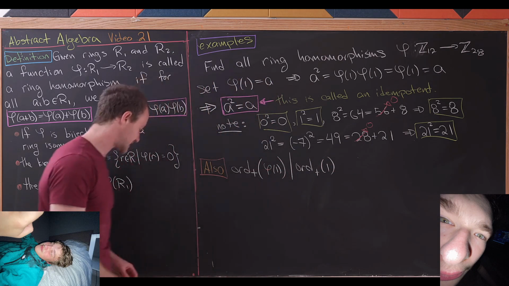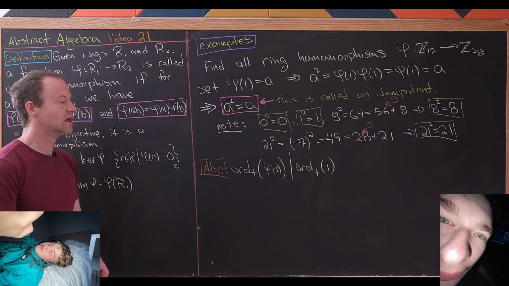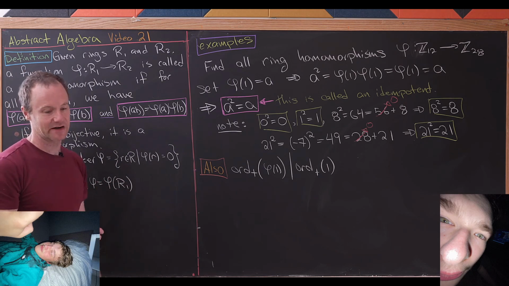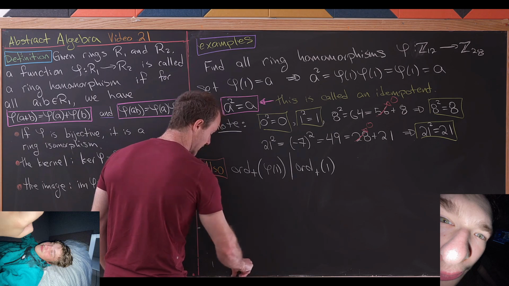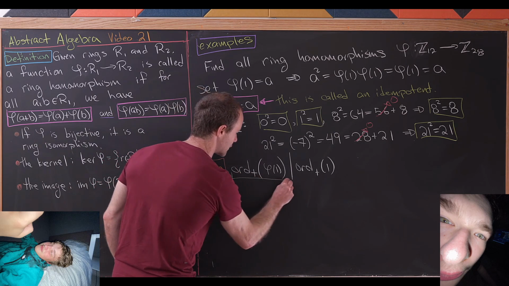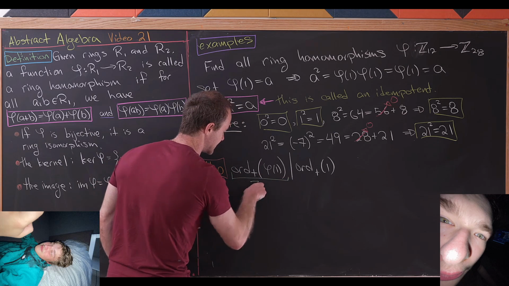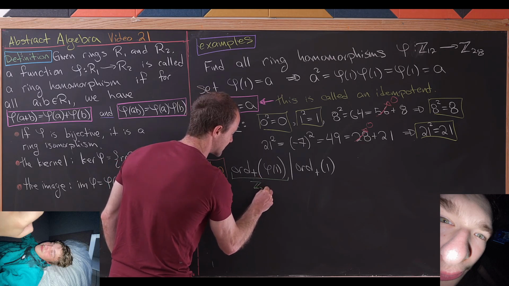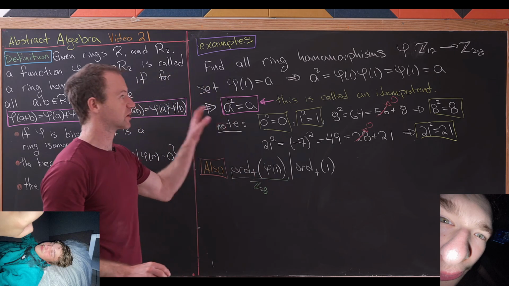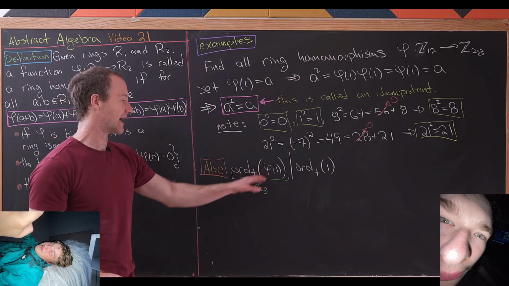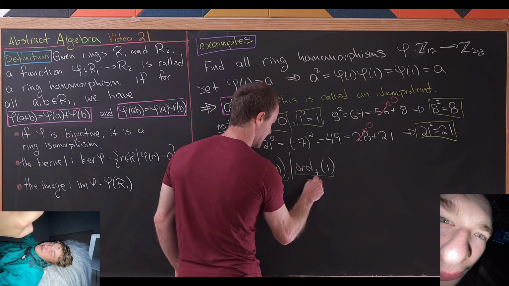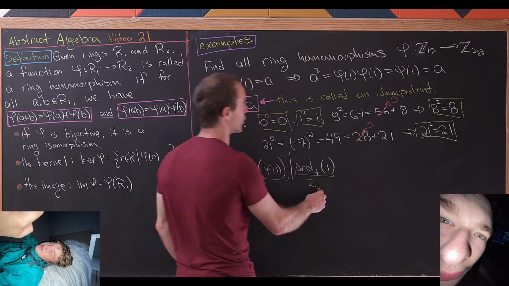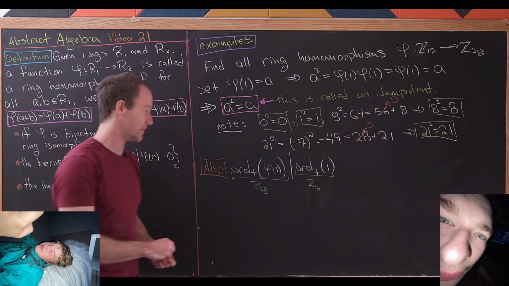I'm putting a plus there just to point out that I'm talking about the order inside of the additive group. Let's point out one more thing: this order right here is occurring inside of Z28, because that's in the target space after we've mapped phi, whereas this over here is occurring inside of Z12, inside of the domain.